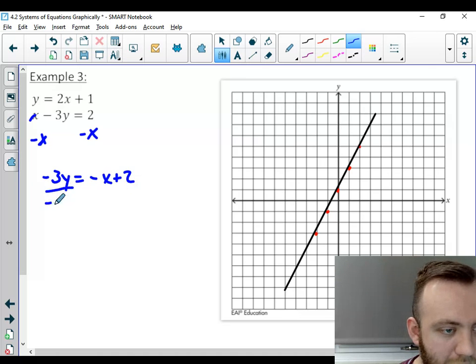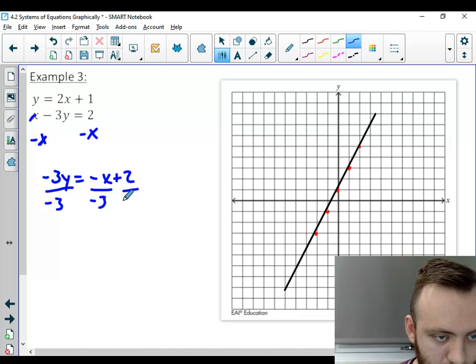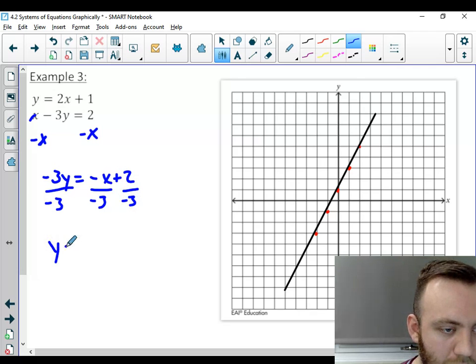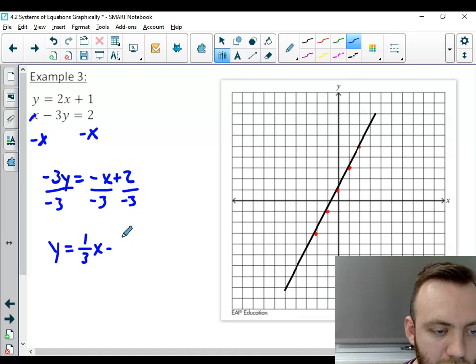Then I'm going to divide everything by negative 3. All right, so then we're left with y equals negative divided by negative is positive, and x divided by 3, we can write that as 1/3 x minus 2/3.